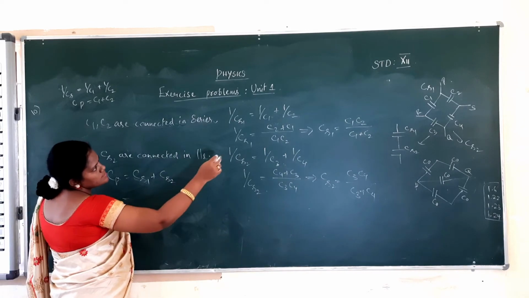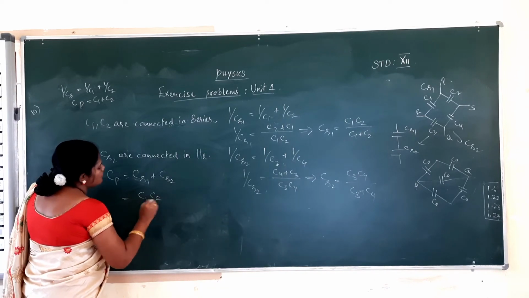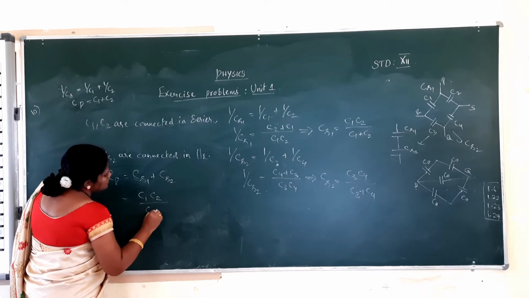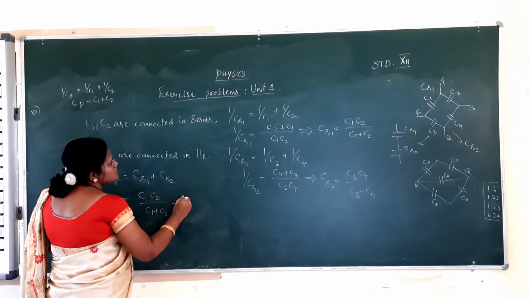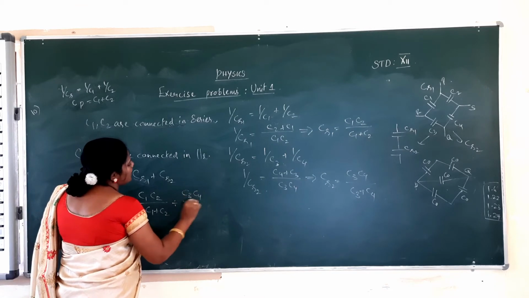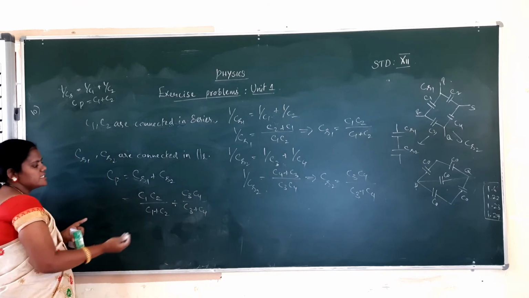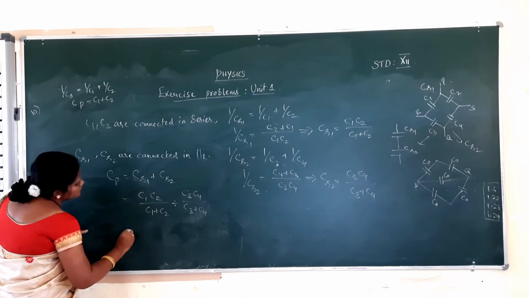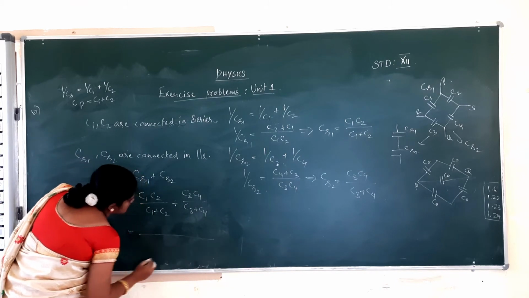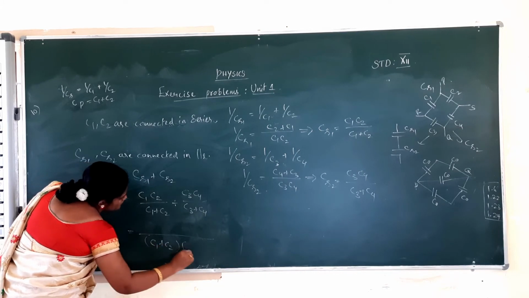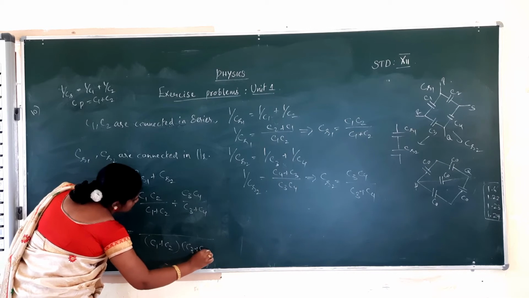Then CS1 is C1 C2 by C1 plus C2, plus C3 C4 by C3 plus C4. Taking the LCM of C1 plus C2 into C3 plus C4.